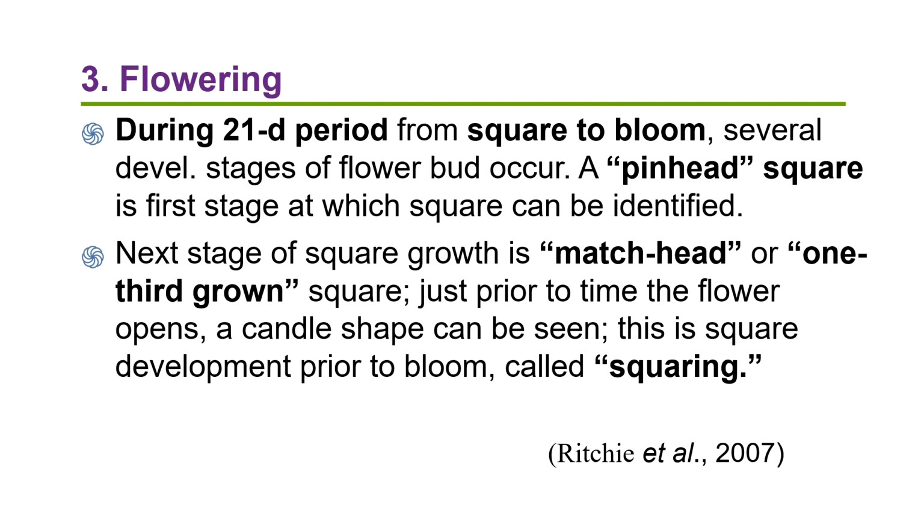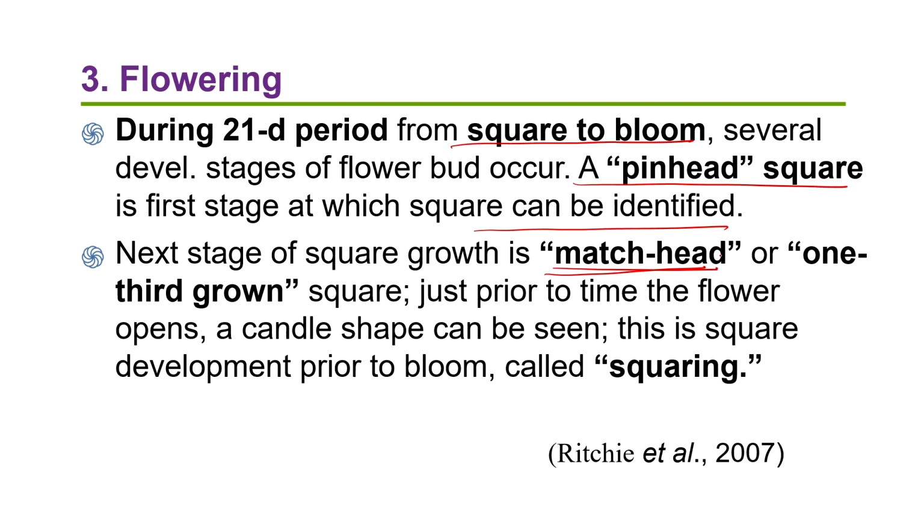During the 21-day period from square formation to blooming, blooming here means flowering, several development stages of the flower bud occur, starting from a pinhead square. Initially it will be a very minor square, the first stage at which a square can be identified. The next stage of square growth is match head.